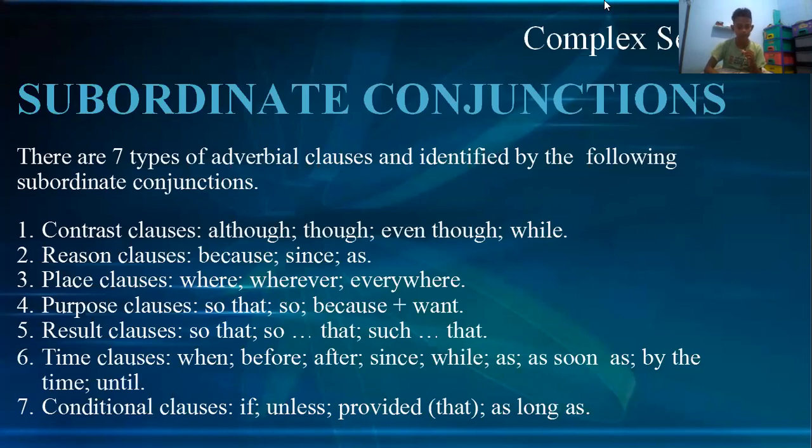Purpose clauses: so that, so, because, and what. Result clauses: so that, such that. Time clauses: when, before, after, while, as soon as, by the time, until. And conditional clauses: if, unless, provided, as long as.